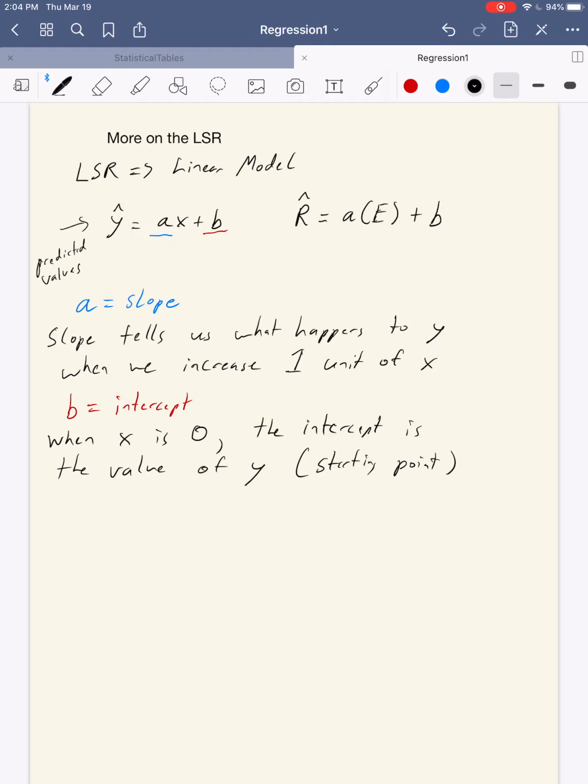Now, as we do more examples, like the one we're about to do and in later videos, we're going to see that the slope is always something we're going to want to talk about or interpret because it's always going to make sense in the context of whatever we're studying. The intercept is important, but sometimes it doesn't make a lot of sense.